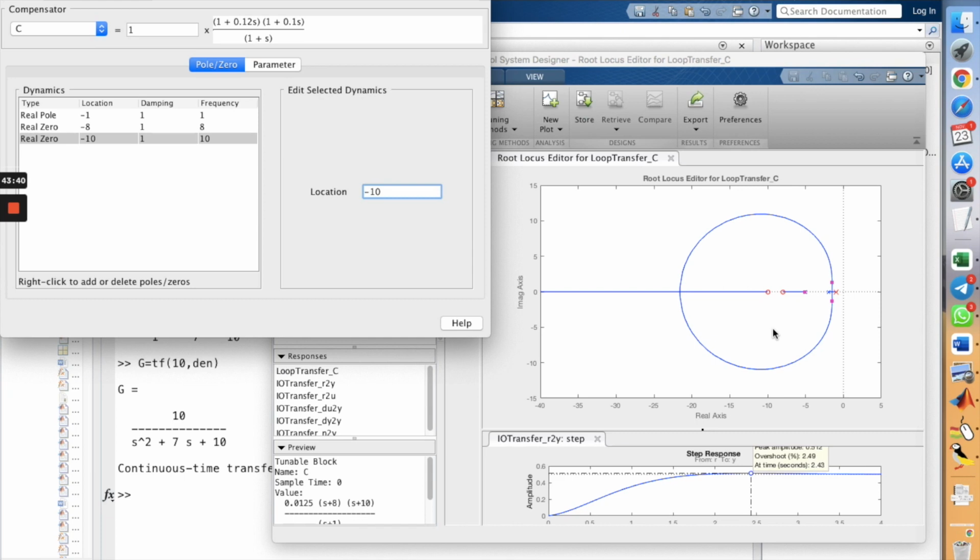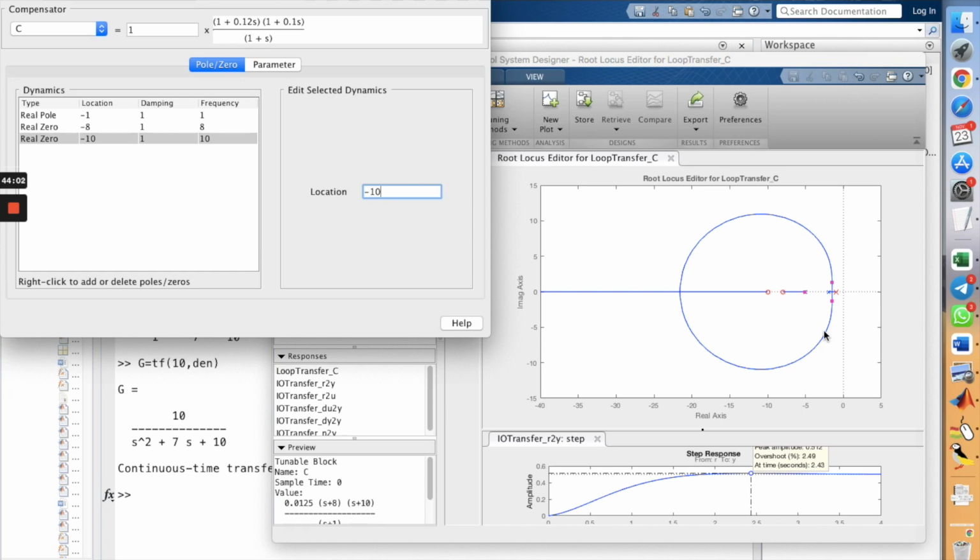For example, in this case, I know that when we have a root locus between two poles, which is between -1 and -2, we know that there will always be a breakaway point. Remember? One will break away upwards and one will break away downwards.